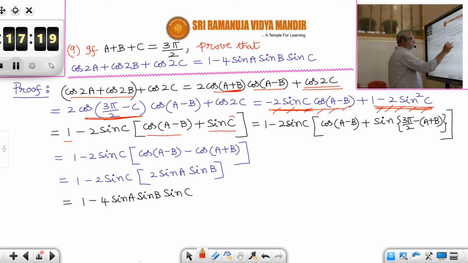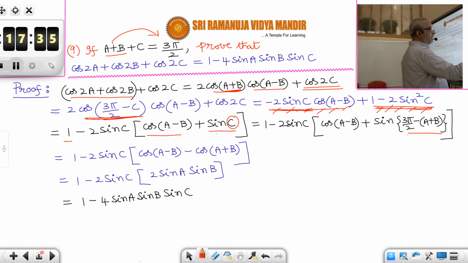But what about c? How do you write this c? C is 3 pi by 2 minus of a plus b. That is the only change in the next step. What is sine of 270 minus theta? Minus sine theta.